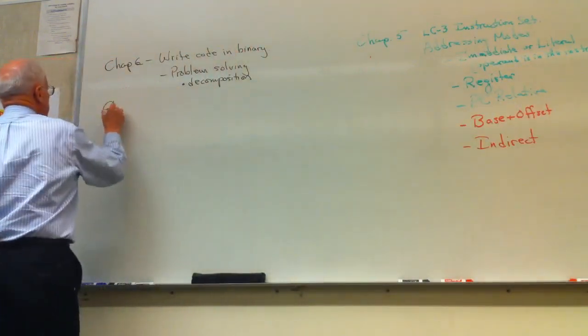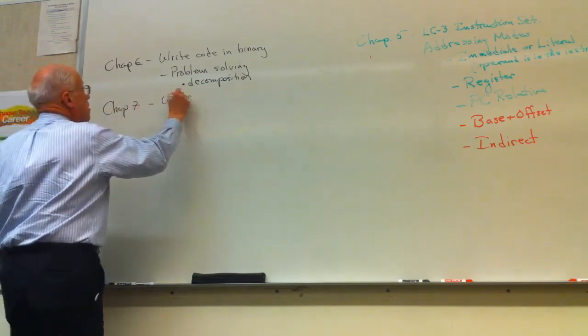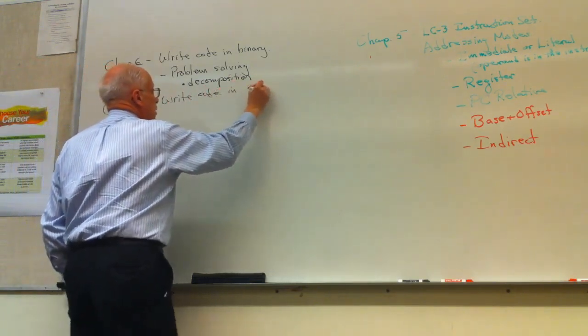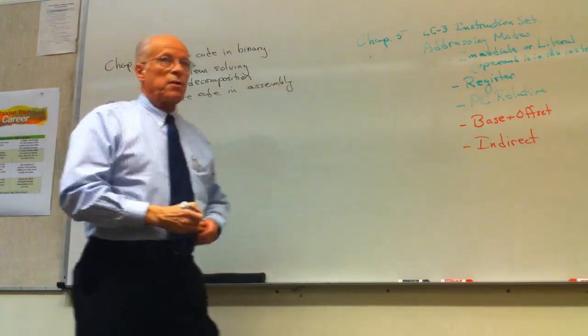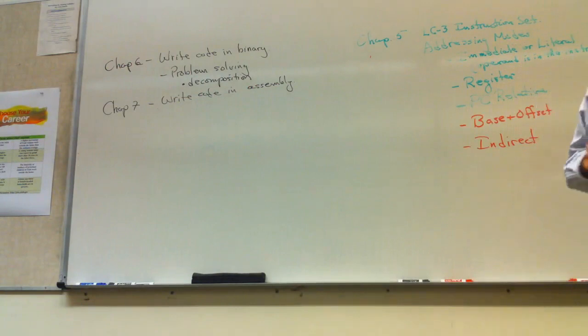And Chapter 7 is basically to write code in assembly language. That's the only real difference.